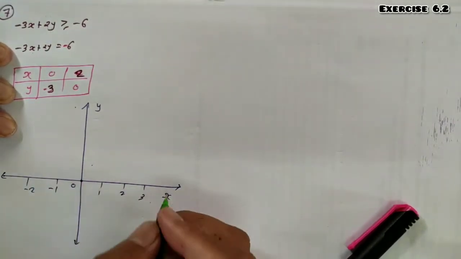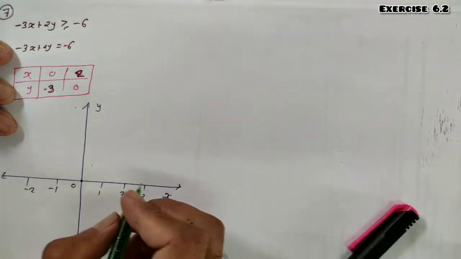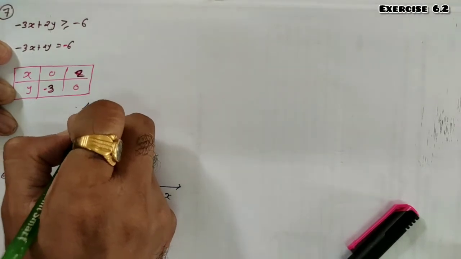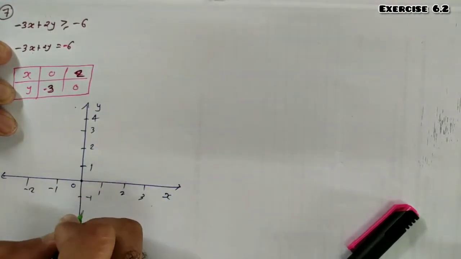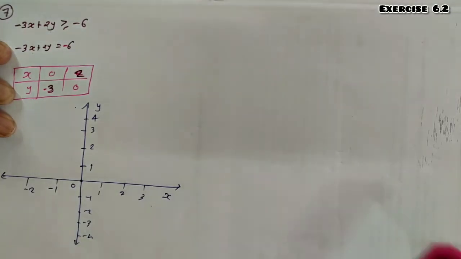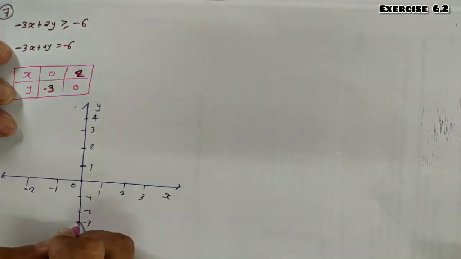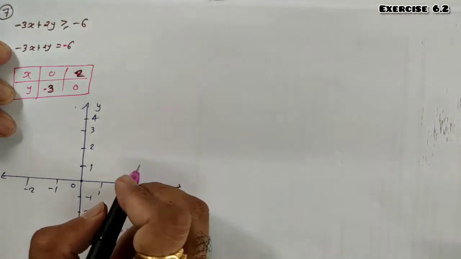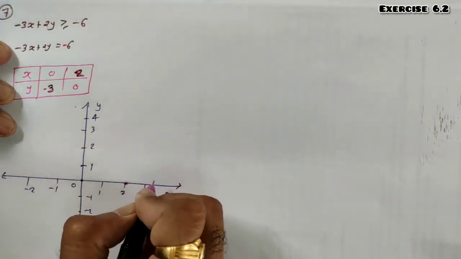Minus 1, minus 2. You have to draw the graph by using a scale and pencil. 1, 2, 3, 4. This is minus 1, minus 2, minus 3, minus 4. The first point is x 0, y minus 3. And the second point is x 2, y 0.